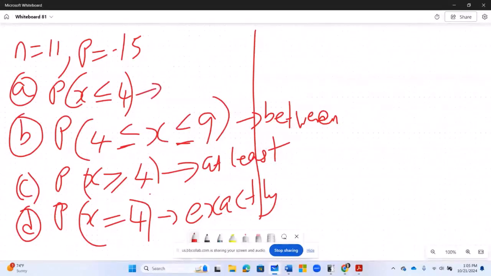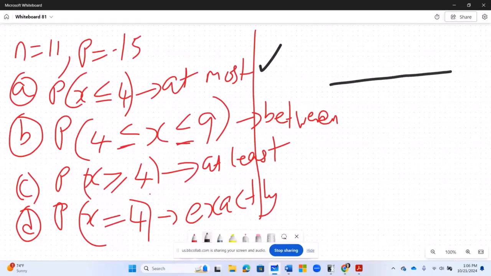And this one right here, less than or equal to, is an at most question. We have already answered the at most question. So the next thing we want to answer is the between question.